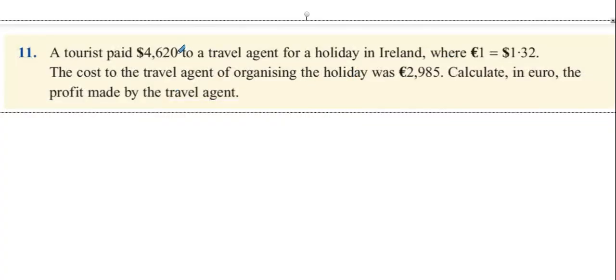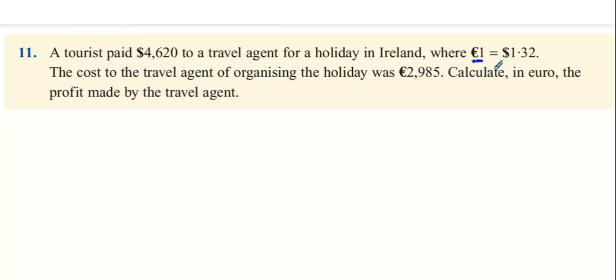Excellent. A tourist paid $4,620 to a travel agent for a holiday in Ireland, where €1 is $1.32. The cost to the travel agent organising the holiday was €2,985. Calculate in euro the profit made by the travel agent.